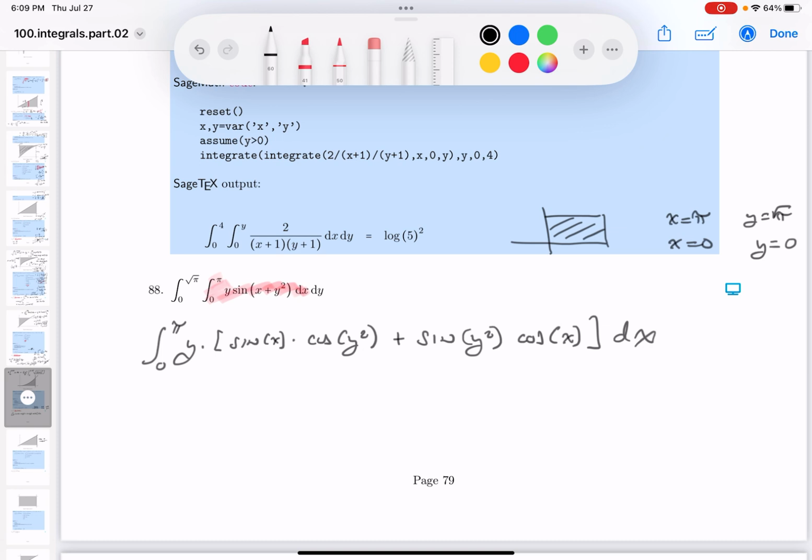All right, it looks pretty bad, but let's go through it. And I'm going to split it into two integrations now. So equals 0 to pi, y sine x cosine y squared, whoops, not dy, dx, right?